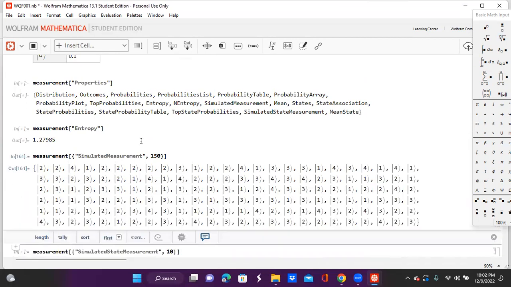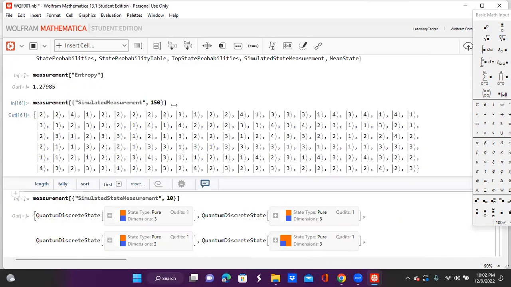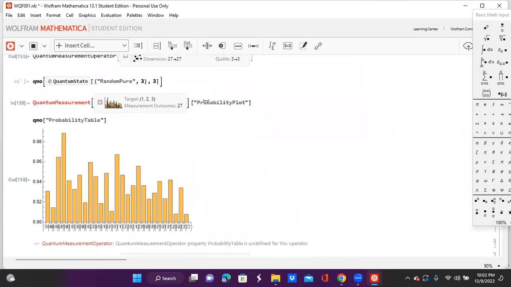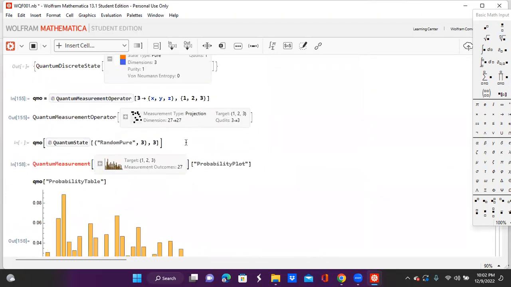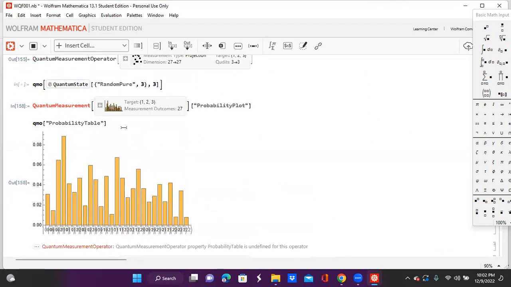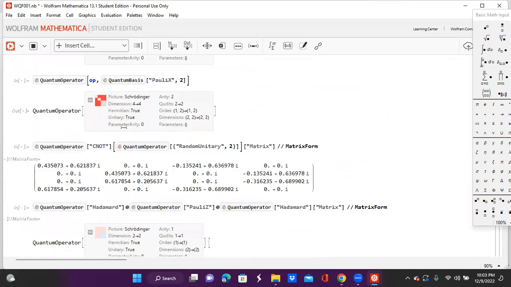So that's how you do a simulated measurement, and it'll give you either 1 or 0 on any of these kets. It'll give you a random univariate distribution. I want to figure out why that didn't work.